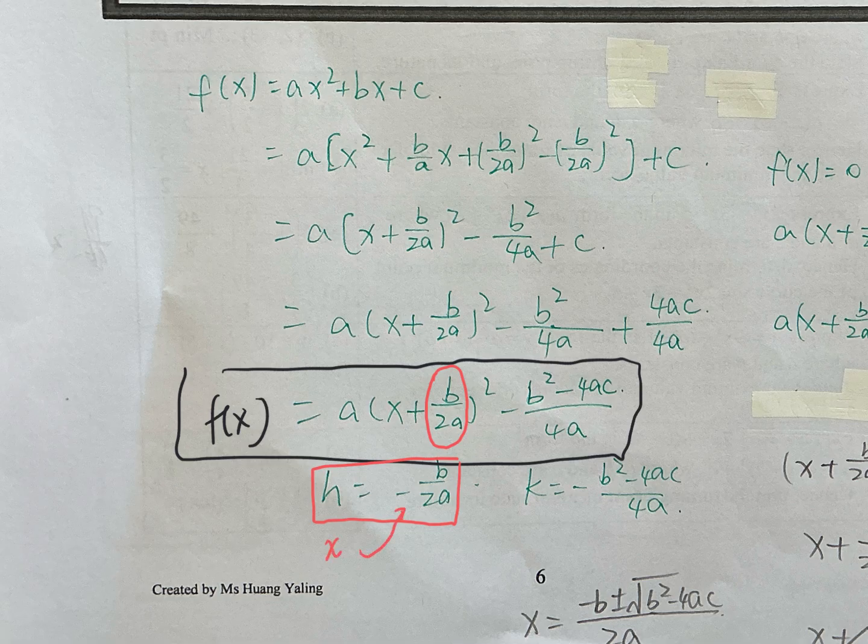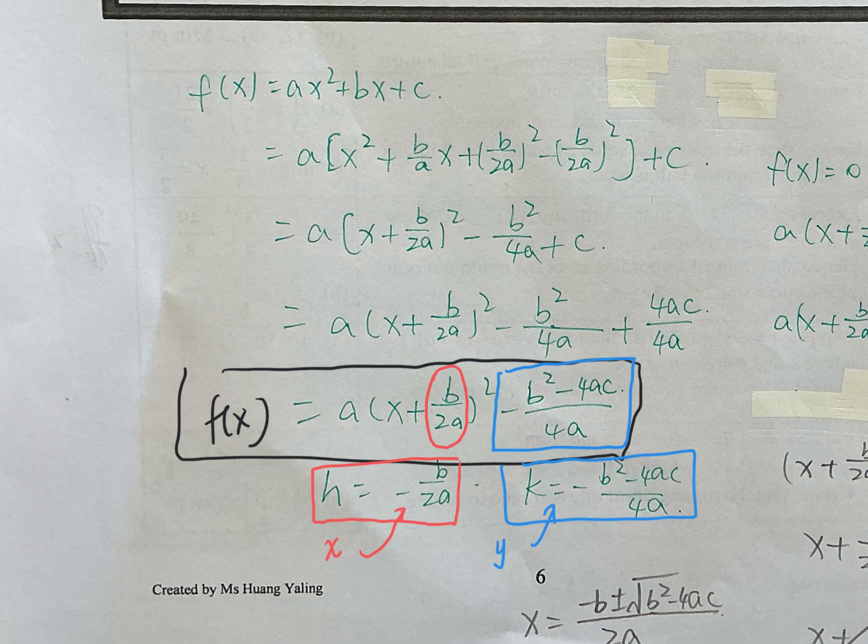And then whatever chunk that you see here, it's your corresponding y value for your turning point. Okay, so this is the x, this is the y. Okay, in E-math, you also learn that actually this turning point, the x value of your turning point is also your line of symmetry.